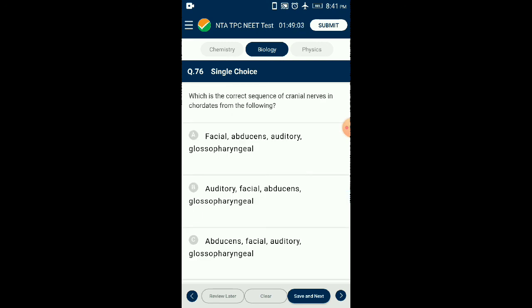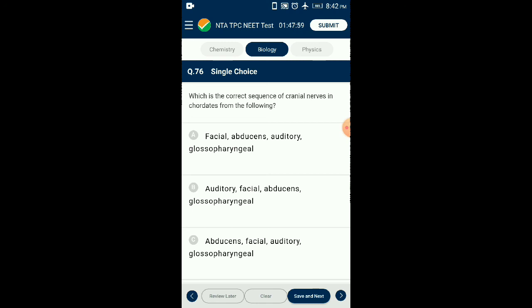Question number 76. Which is the correct sequence of cranial nerves in chordates from the following? Nerves that either arise from or terminate in the brain are called cranial nerves. There are 12 pairs of cranial nerves in humans as follows.